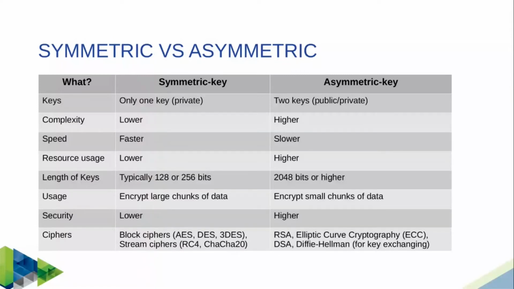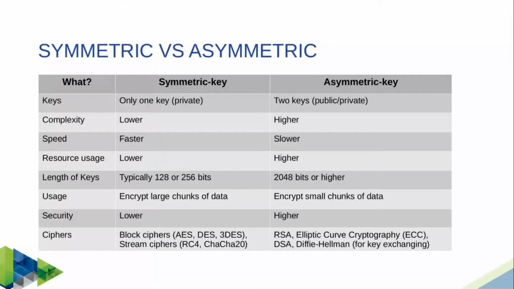If we compare with an asymmetric algorithm, it will be higher in terms of complexity, and that means in practice that it will run slower in your device and use more resources like CPU and memory. So there are trade-offs here. Usually symmetric algorithms are able to encrypt large chunks of data, and asymmetric only encrypts small chunks of data.